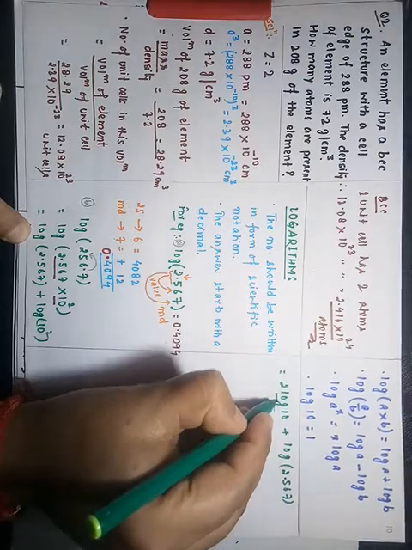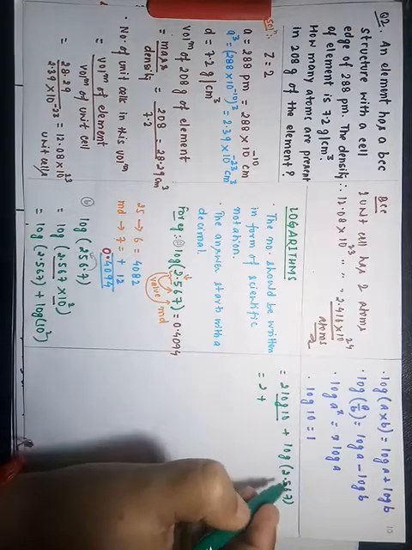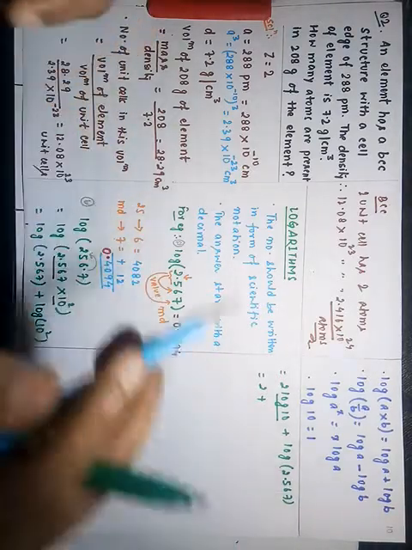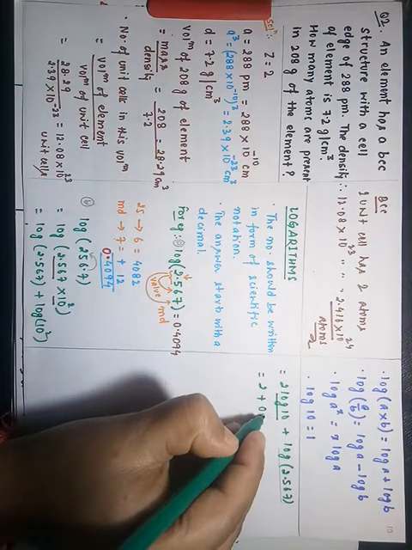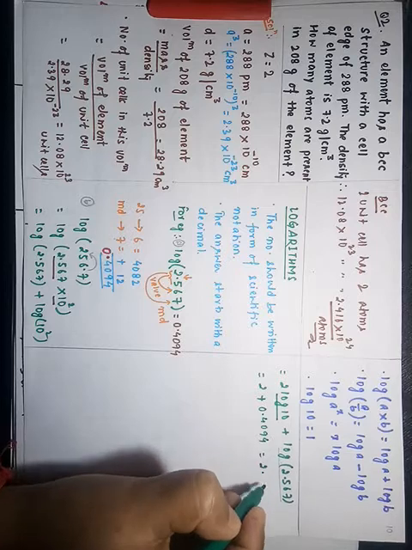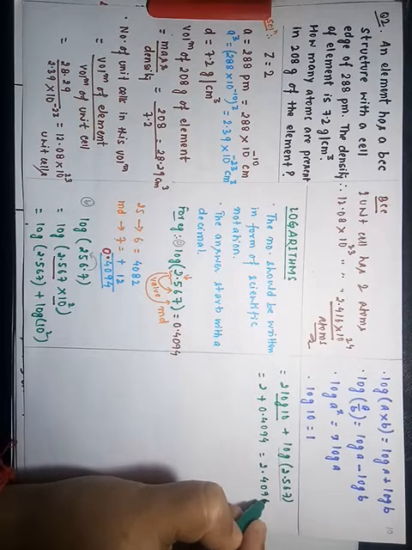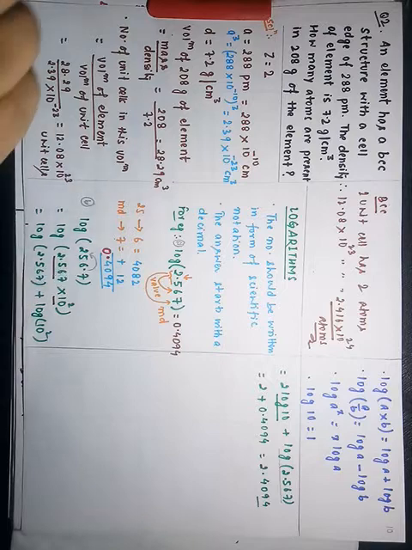Now student, what is log 10? Log 10 is 1. So this is 2 plus, we have already seen the value of log 2.567, and this comes out to be 0.4094. So what is our answer? 2.4094. This is the value of log 256.7, student.